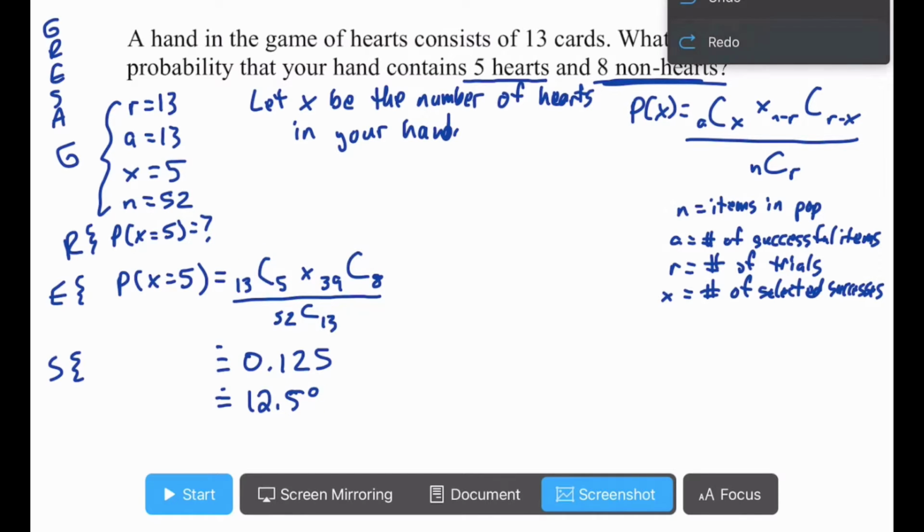We've gone ahead and done our calculation. We identified our variables. We figured out what type of distribution we needed to do. Final thing we need to do is answer or write our concluding statement.